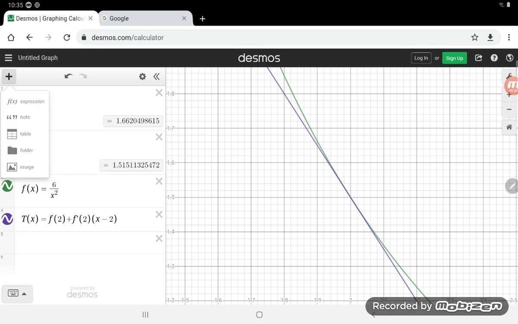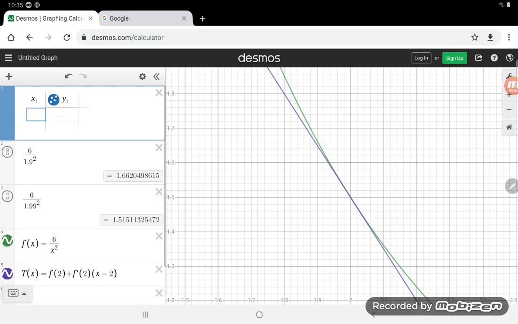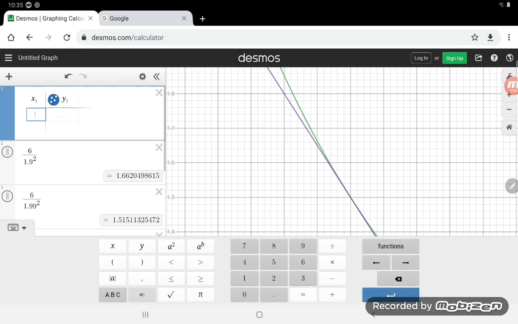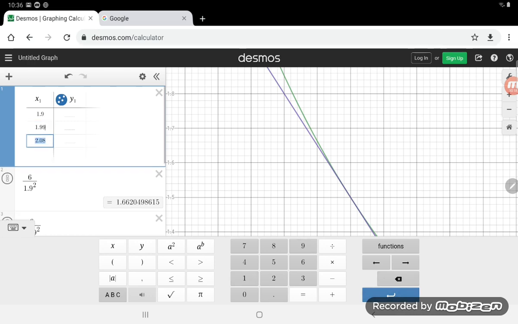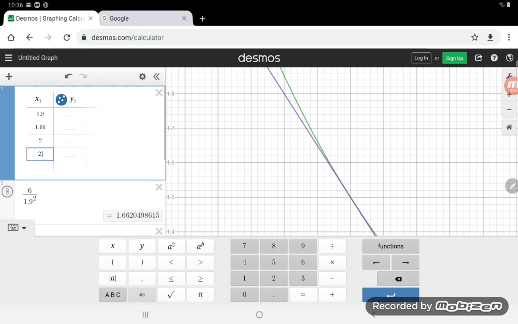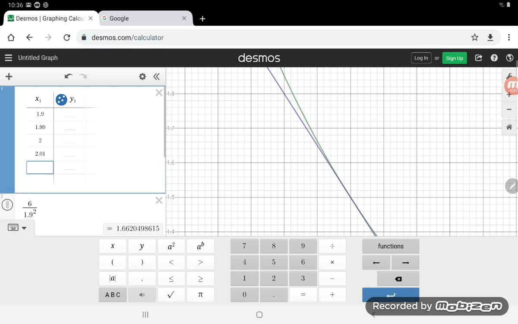And I guess one more thing. I can insert a table. So we have like 1.9 and hit enter, 1.99, hit enter, 2, enter, 2.01, and enter, and 2.1.